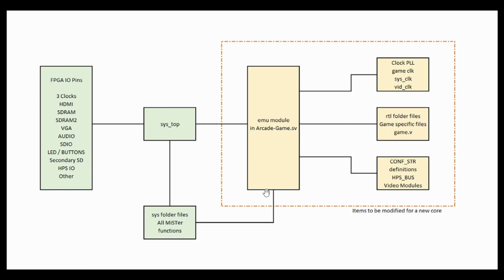The items inside this orange box will all need modification when porting or creating a core from scratch. The items outside the box are all the MiSTer framework files that don't need to be modified in any way, which is good news because they are horribly complex.